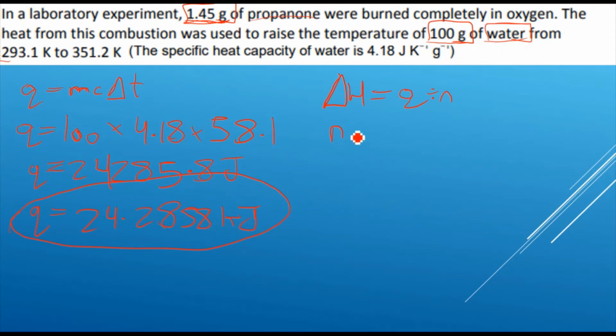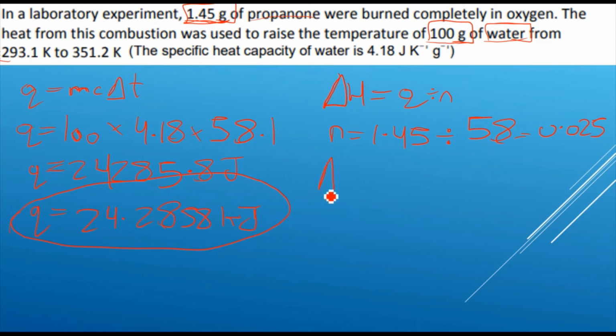So n equals 1.45 divided by the Mr, since moles equals mass divided by Mr. Propanone has an Mr of 58, so I would do 1.45 divided by 58, which gets me 0.025. This is the moles now.